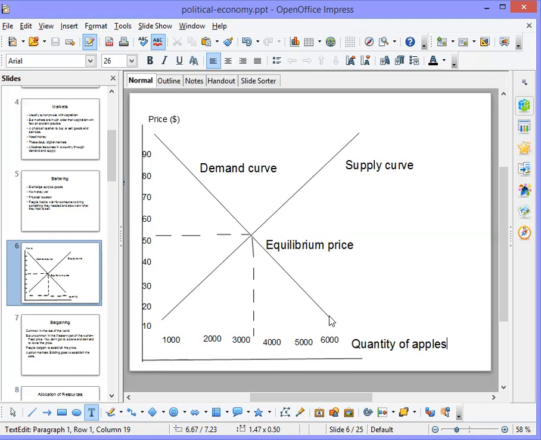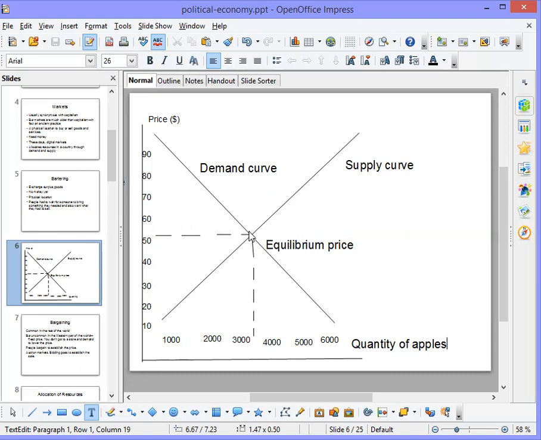Your behavior is just the opposite of the supplier. But when the price goes up to 90, you're willing to buy only 1,000. See? So when the price of something goes up, you don't want to buy that thing. If the price is too high, you'll walk away.